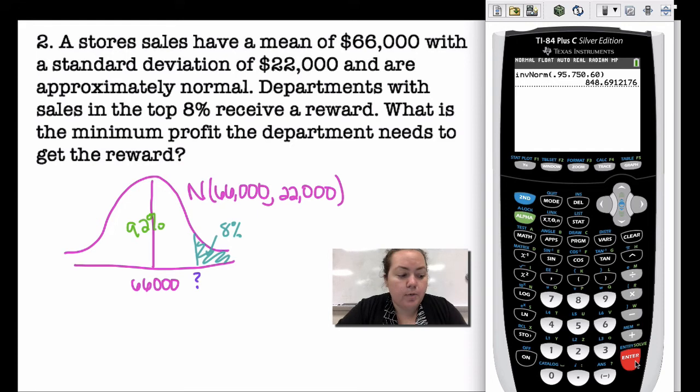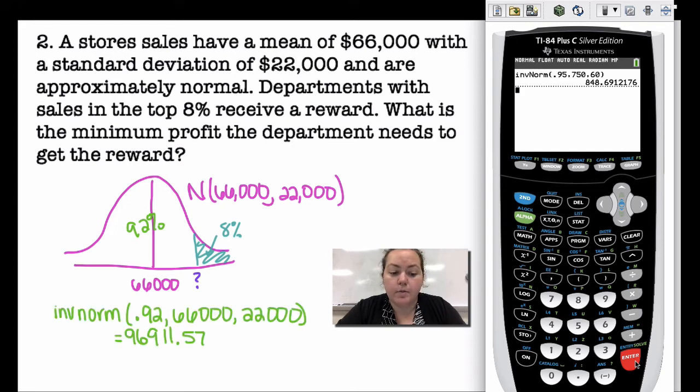All right, so I'm going to do an inverse norm. Because I don't have the option of left, right, or center in my calculator, I would do 0.92 as my area, 66,000 for my mean, 22,000 for my standard deviation. So again, in the calculator, it's second bars, inverse norm. My area would be 0.92. My mean would be 66,000.